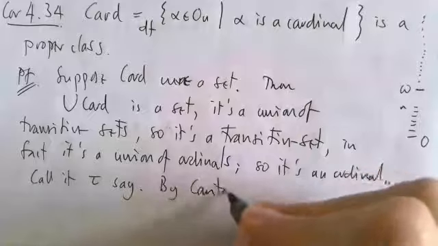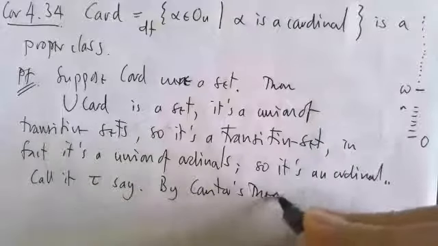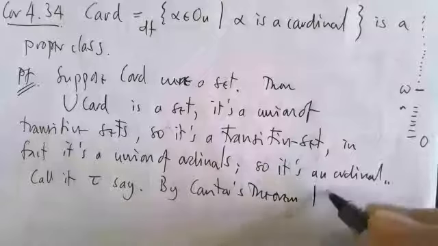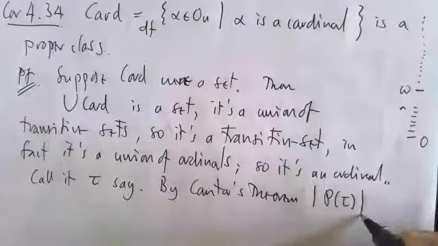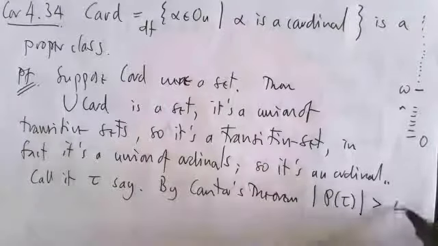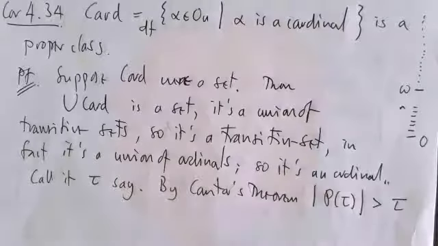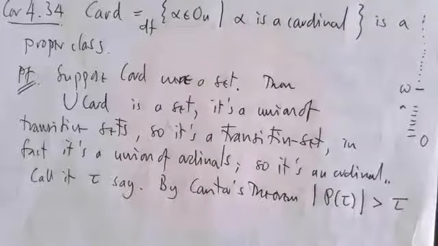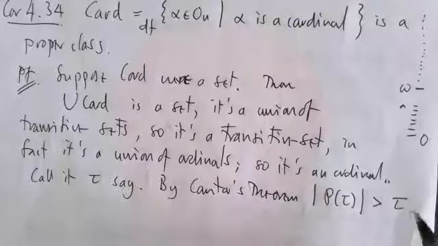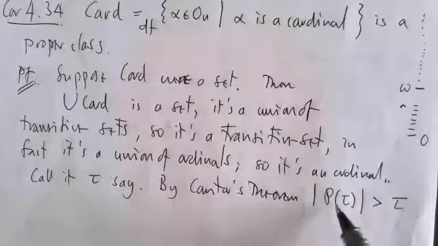But by Cantor's theorem, the cardinality of the power set of tau is bigger than tau. There is no bijection between tau or any set X and its power set.